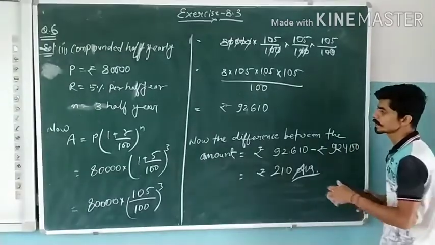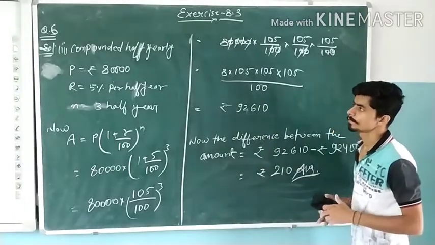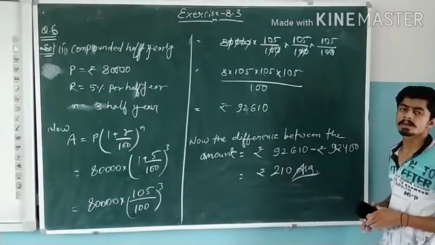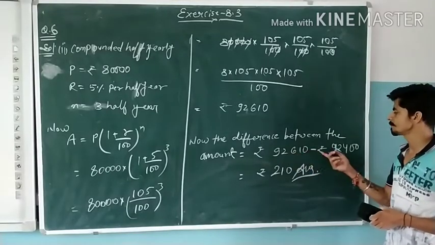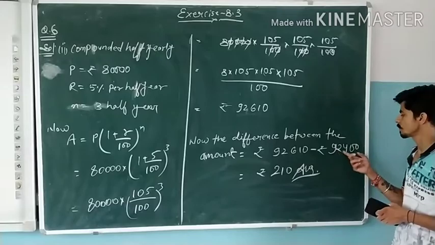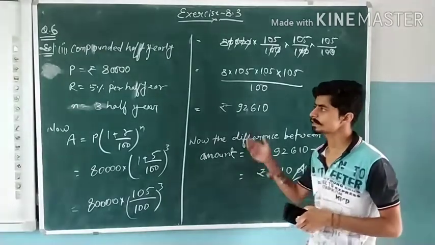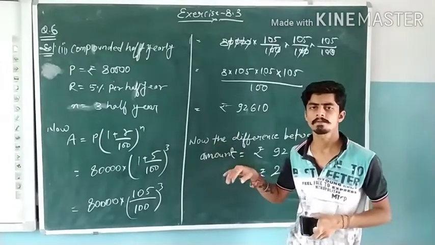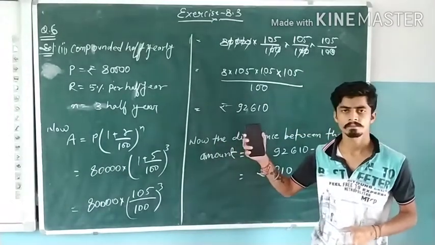As we can see, this amount is more than the compounded annually amount. So we subtract: 92,610 minus 92,400 and we get 210. So this is the difference between the amounts when compounded half yearly and compounded annually. That solves question number 6.